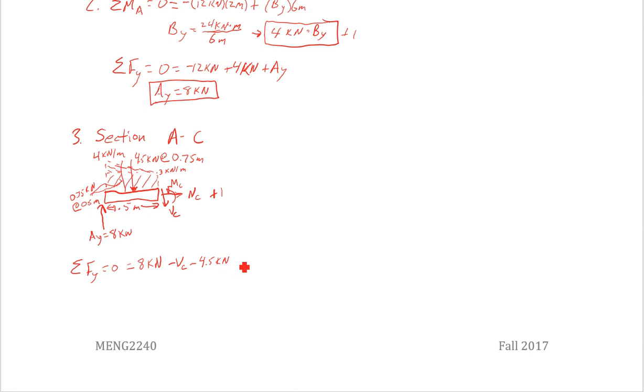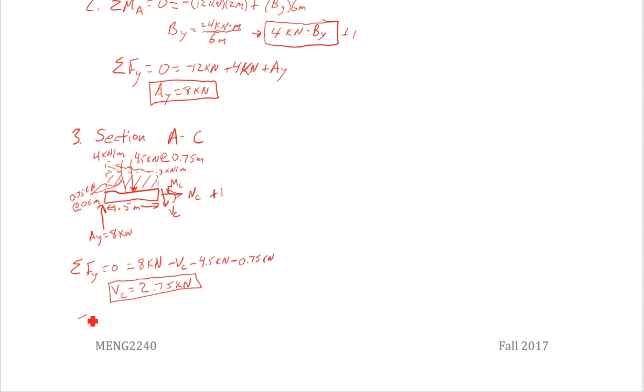And I have minus 0.75 kilonewtons. So then I have VC comes onto the other side. VC is 8 minus 4.5 leaves me with 3.5 minus 0.75, 2.75 kilonewtons. So that means my direction for that arrow is correct, so it is down.